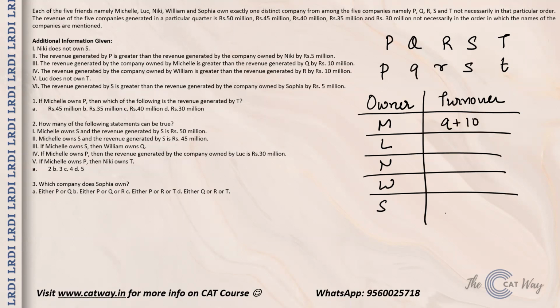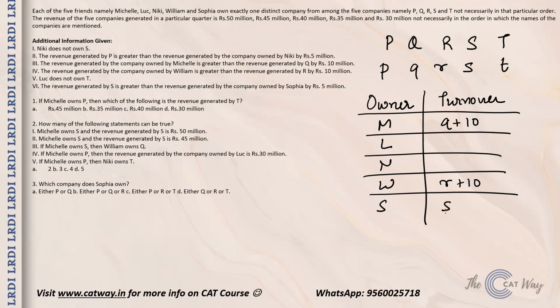Then what is said? That the revenue generated by the company owned by William is greater than the revenue of R by 10 million. So this will be R plus 10. Now the revenue of S is greater than the revenue generated by the company owned by Sophia by 5 million.